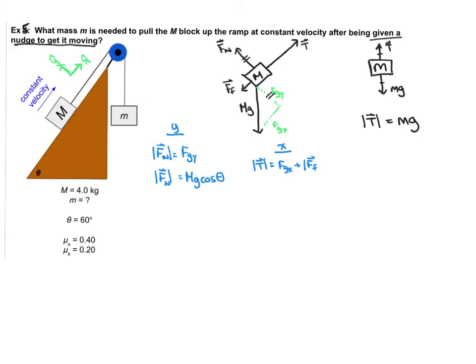Those two are pointing in the negative x direction. I'll rewrite some of these. So tension equals F_Gx, that's using our ramp skills, would be Mg sine theta, and friction would be mu times the normal.